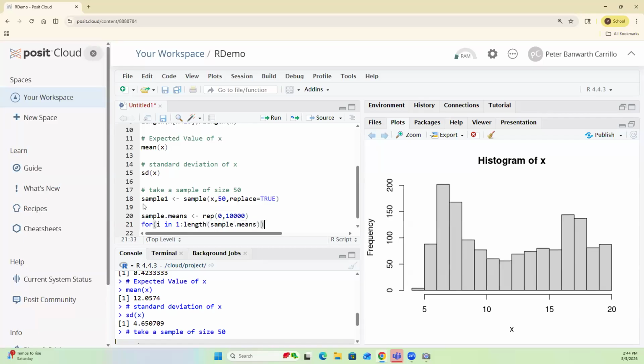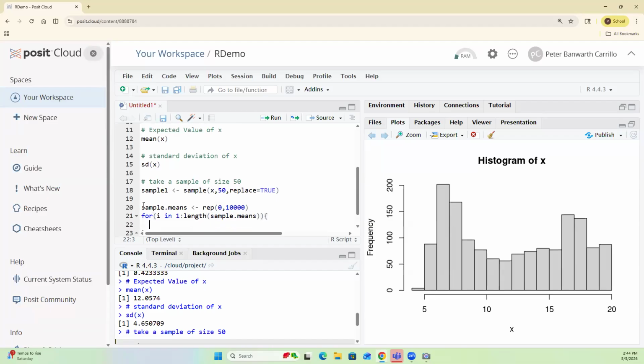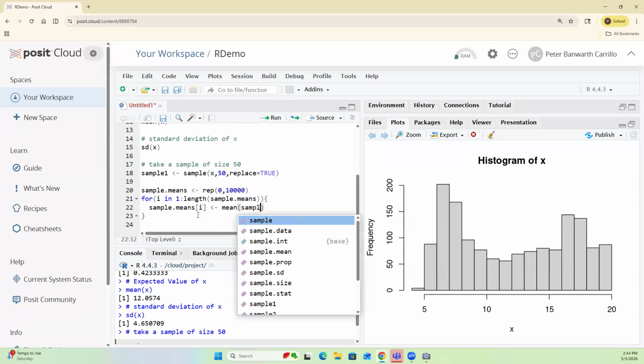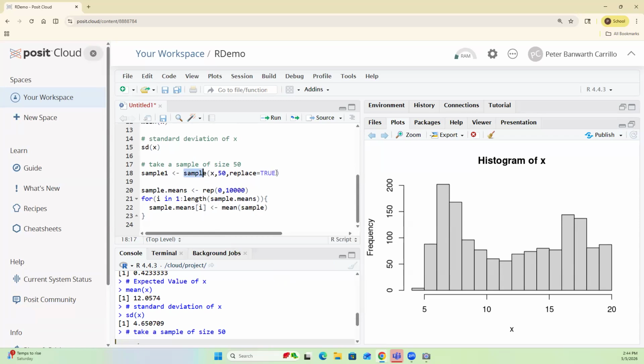And it basically says, do this in the middle every single time for every one of these 10,000 sample means. Each time, we're going to sample our data and find the mean and store it in this vector.